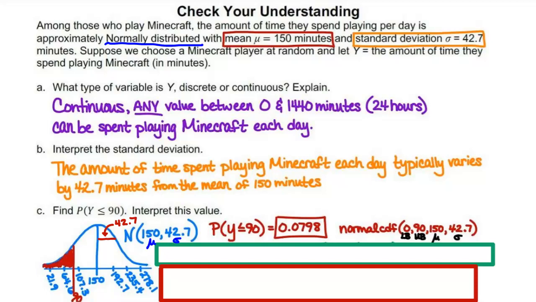Is the calculator the only way you can do this? How else could you get the same or close to the same answer as this? If you weren't going to use your calculator, what else could you do?